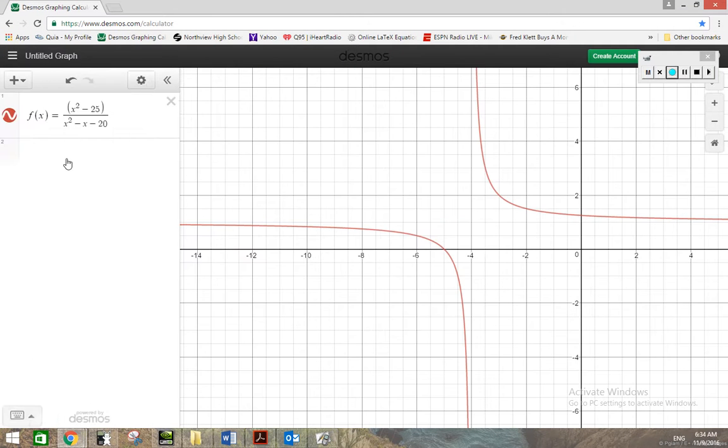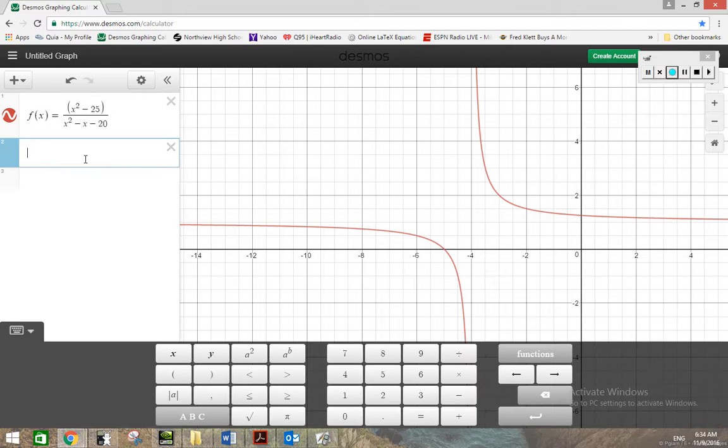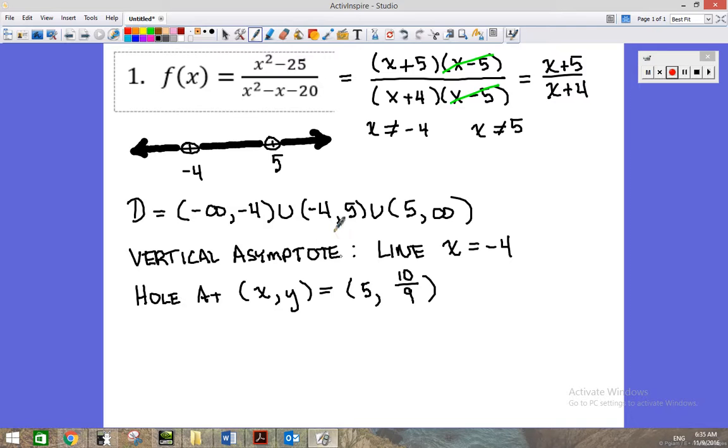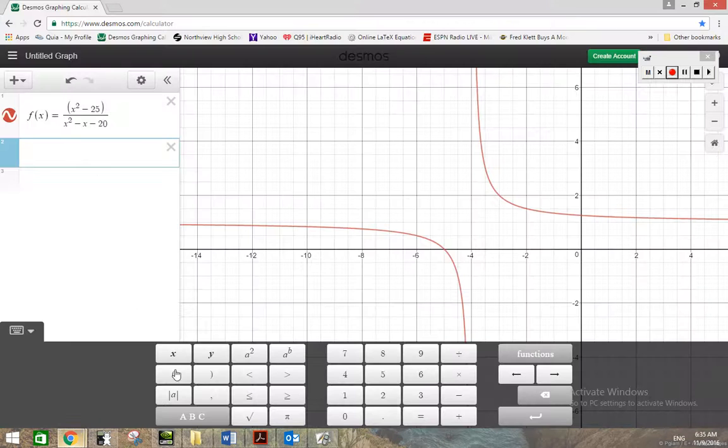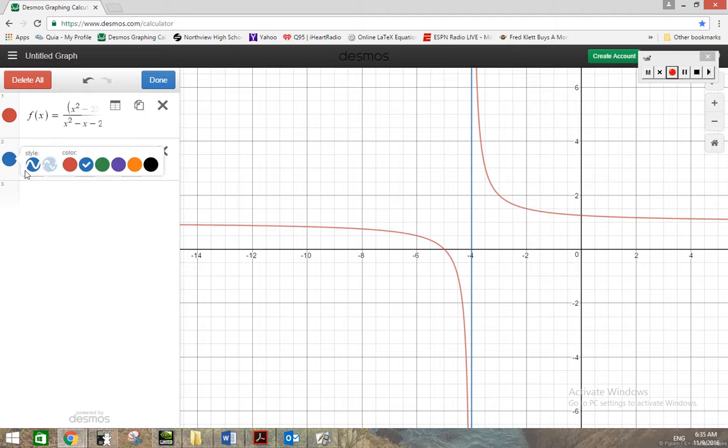Now, when I provide you a graph, at x equals -4, we have a vertical asymptote.